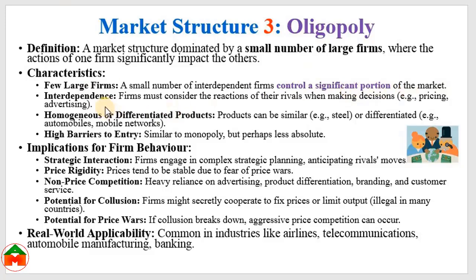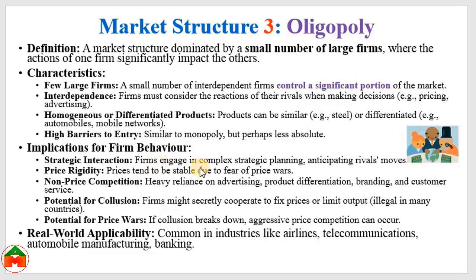In such a scenario, there is interdependence between the large firms, and sometimes they produce similar products, which is known as homogeneous, and sometimes they produce differentiated products, which means not similar products. In an oligopoly market, there are high barriers to entry because the large firms control the market.